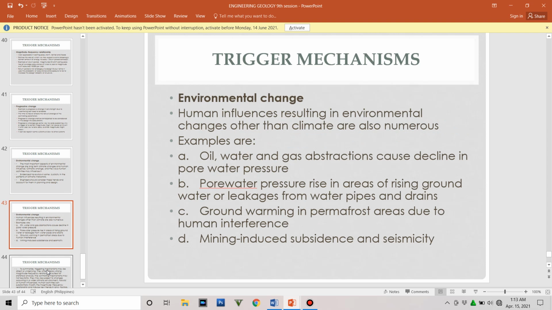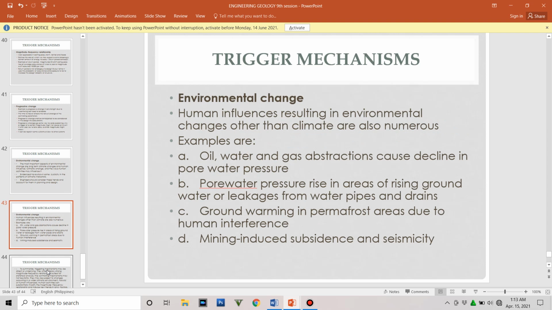So human influences resulting in environmental changes other than climate are also numerous. So examples are oil, water, and gas abstraction cause decline in pore water pressure. Pore water pressure rise in areas of rising groundwater or leakages from water pipes and drains.